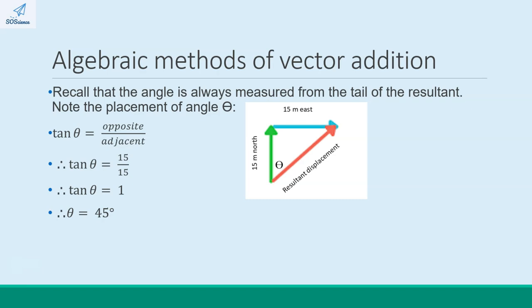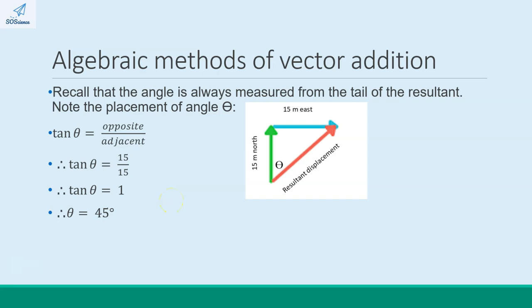And that will allow you to work out the theta for the tan value of 1. Now, even if you predicted that this is a 45-degree angle, because this is a right angle triangle, and both of these lines are the same length, you've still got to show the calculation.